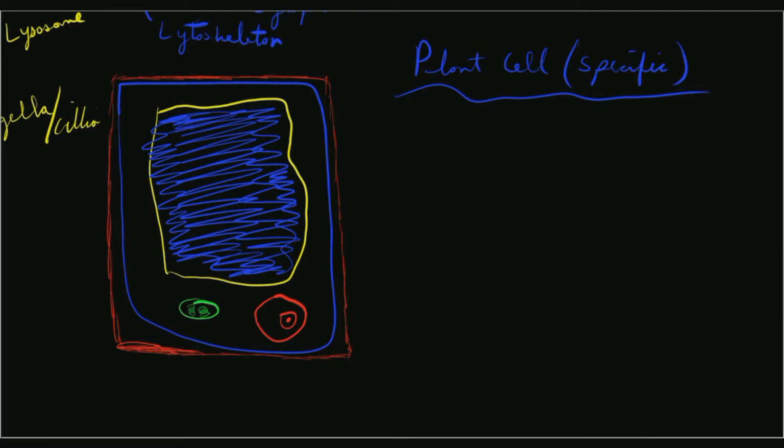But one special thing they have, this is very important, is the chloroplast. Again, we talked about this in our video about photosynthesis. But the chloroplast is used in the process of photosynthesis.